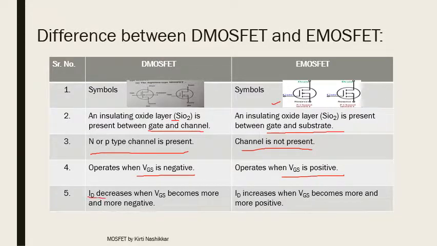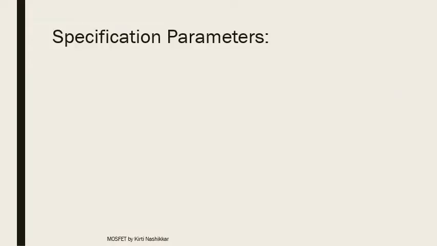ID decreases when VGS becomes more and more negative. ID increases when VGS becomes more and more positive. Okay, so this was all about the EMOSFET construction, working, IV characteristics and difference between DMOSFET and EMOSFET.